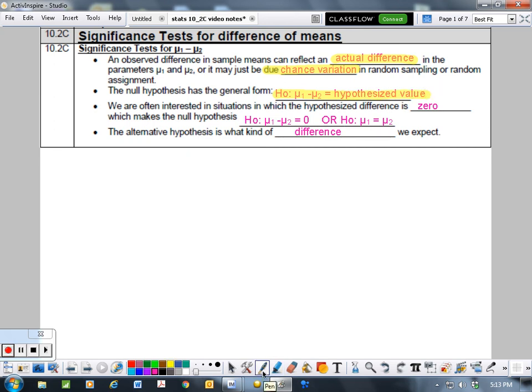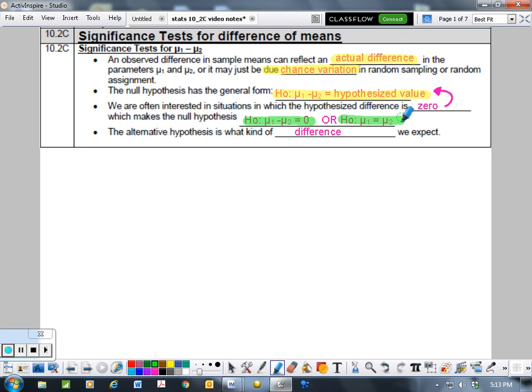We are going to be using the hypothesized value as 0 because we're going to assume that there's no difference in the means. And so that means our null hypothesis is going to look like this: mean 1 minus mean 2 is 0, or mean 1 equals mean 2.